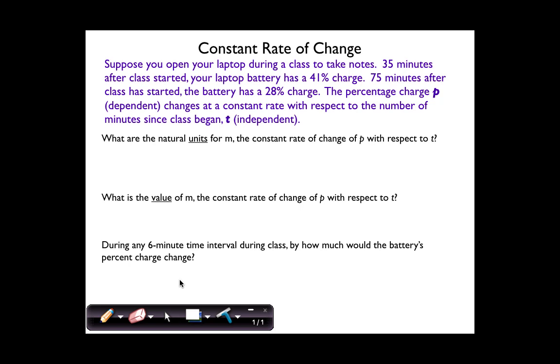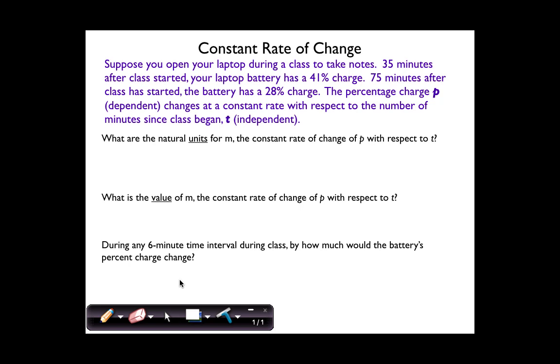Without doing unit conversions or anything like that, think about what natural units would apply to this rate of change of P with respect to T. See if you can compute, as a fraction, decimal, whatever, the constant rate of change of P with respect to T based on this, assuming it's a constant rate. We can use it at least as an average, but probably fairly constant over a short period of time, not near the end of your battery life.